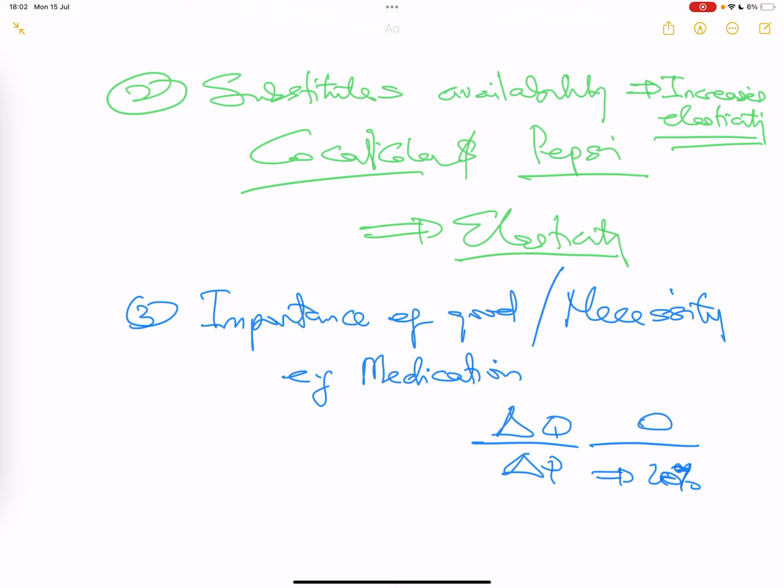The higher the importance, the higher the inelasticity. But if it is not important, it's a luxury good that people just buy because it's nice to have, and the price goes so high that they cannot afford it, they will leave it. The quantity demanded would drop significantly, and in that case you have an elastic situation. Very important.